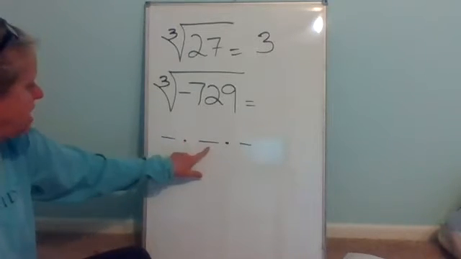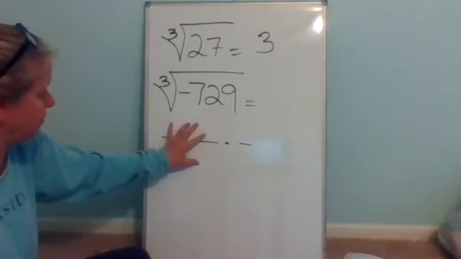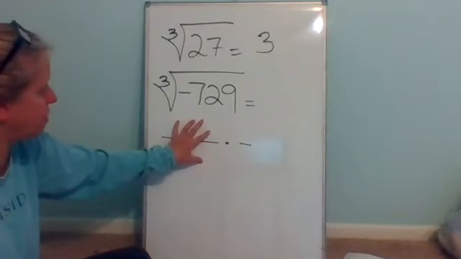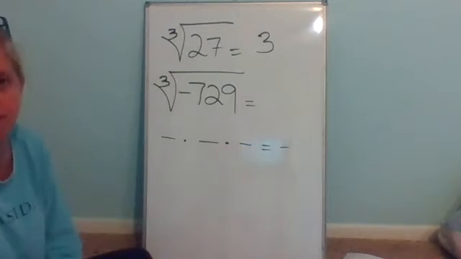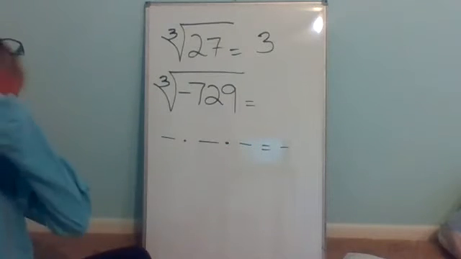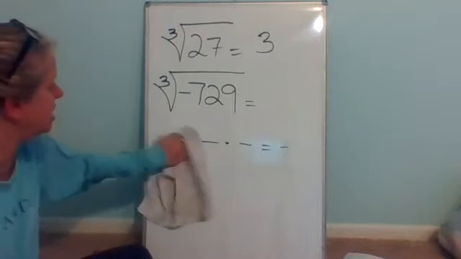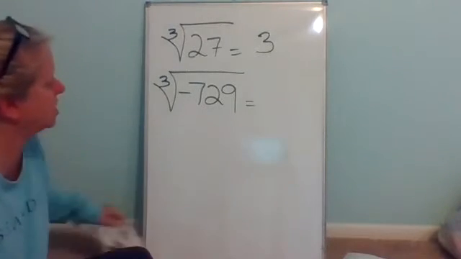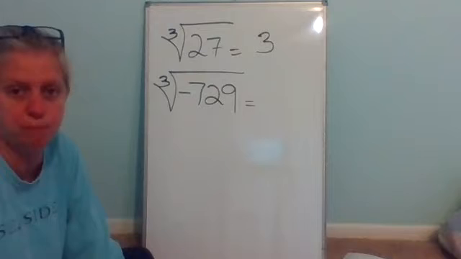Negative times negative turns you positive. So now you're positive from multiplying these two, but what's a positive times a negative? It is going to give you a negative answer. So if you are doing a cube root, it is okay that it's negative underneath. You can get that answer. It's just going to be the negative of that number.